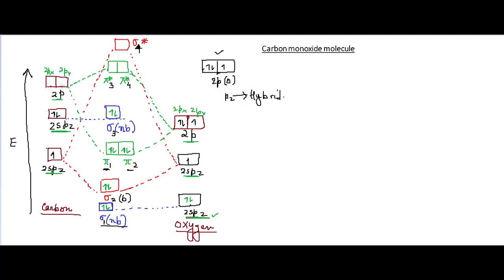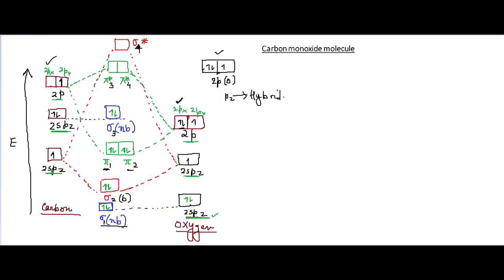So 1 is left. This one will get into the carbon's 2py atomic orbital like this. Why have I not filled it in the carbon's 2px atomic orbital? Because in the 2px of oxygen we already have 2 electrons, as you can see. So that is why we can accommodate only one here in the 2py of carbon.